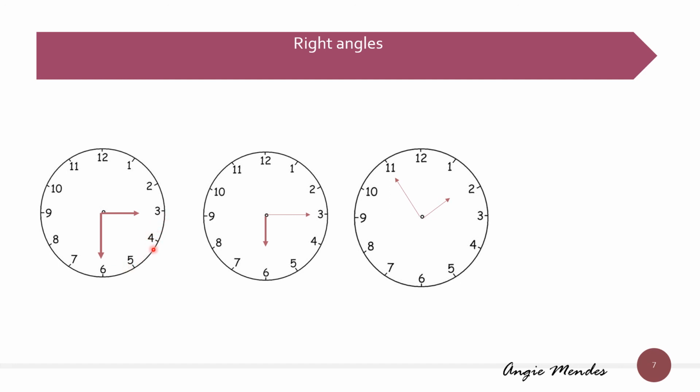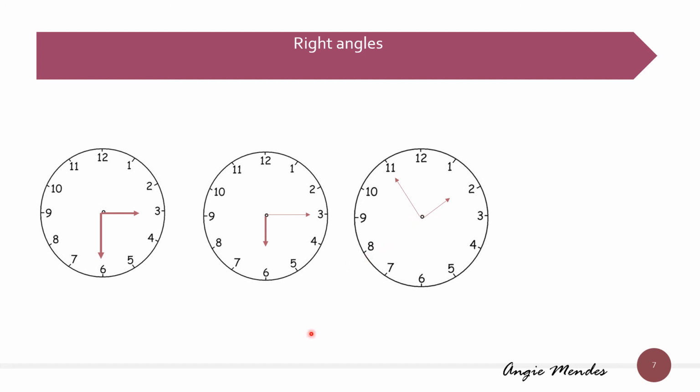So we have 15 minutes between both the hands of the clock. Let's go to the next one. We have 5, 10, 15. Again, so we have 15 minutes and we've got a right angle. Let's count the minutes between the hands of this clock. It is 5, 10, 15. So yes, this is a right angle.